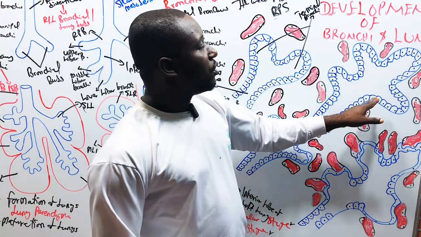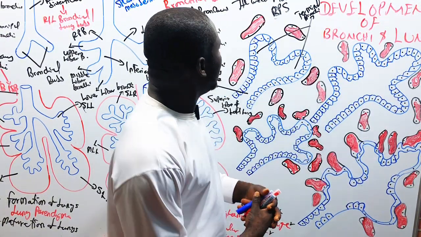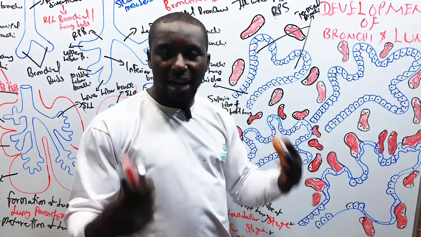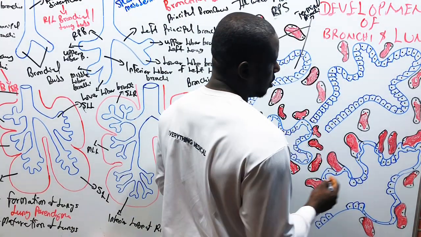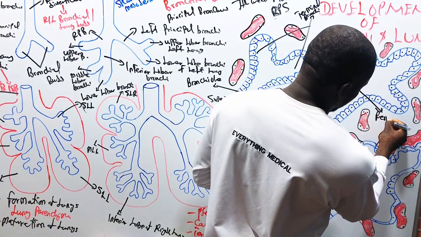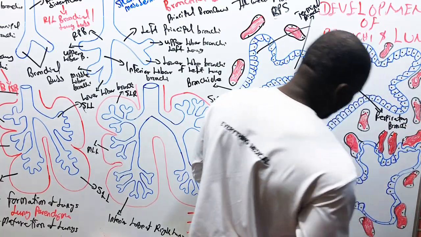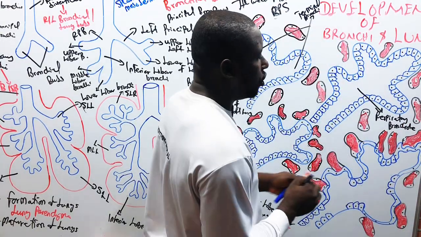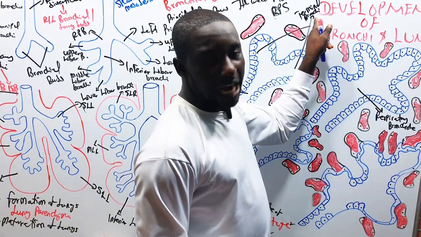Now, on this lung formation stage, the terminal bronchi usually dilate and become further subdivided to form the respiratory bronchiole, right? Here is the respiratory bronchiole, which is formed as a result of the dilation of the terminal bronchi.